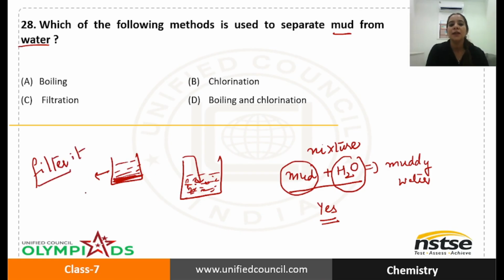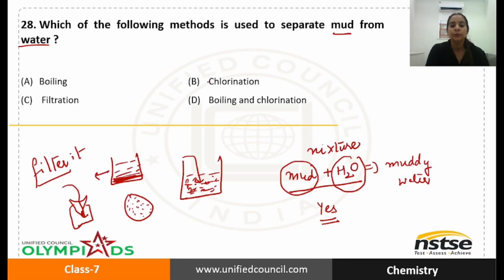Filter paper, I hope you know, has certain pores in it. If you fix it over a flask and pass this muddy water through it, you will see that the dust, sand and mud particles will stick to the filter paper because they are not able to pass through its pores.